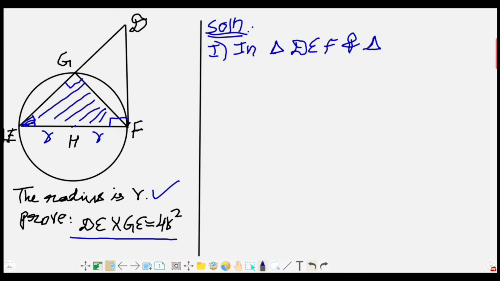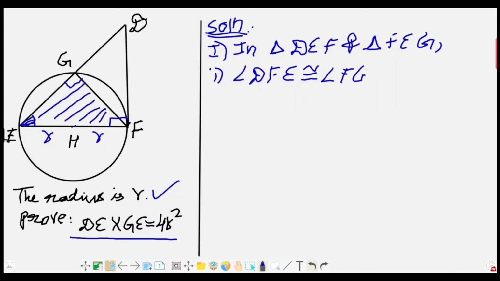DEF: D, then E, then 90 degrees at F. So in the smaller triangle it will be FGE. So I can write that angle DFE is congruent to angle FGE. Why are they congruent? Each is 90 degrees.